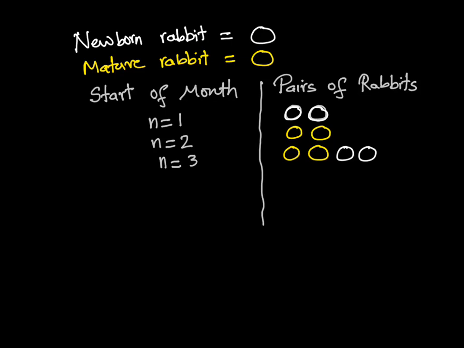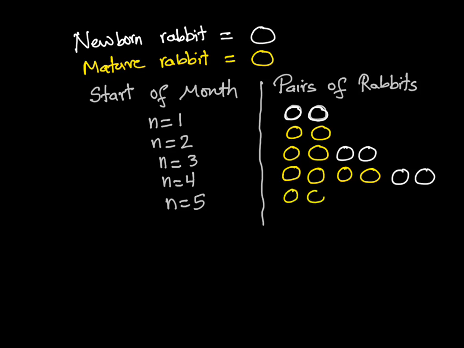At the beginning of the third month, you're going to see the two mature rabbits, and then two newborn rabbits. At the beginning of the fourth month, those two baby rabbits from the third month become mature now, and then you see another pair of rabbits there.